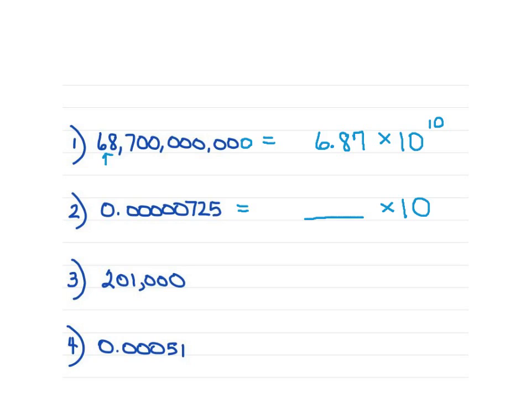I suggest we'd have to place our decimal between the 7 and the 2 so that we have 7.25. 7.25 times 10 to the 1, 2, 3, 4, 5, negative 6th power. Because we moved our decimal to the right, the exponent is negative.